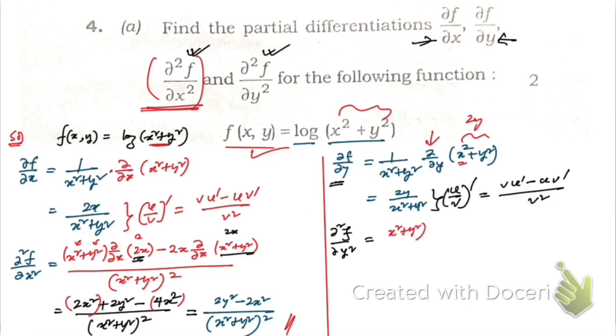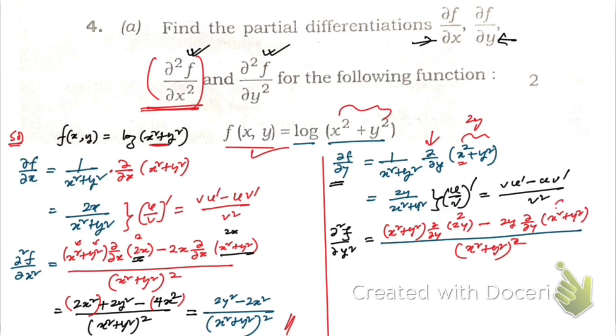If you apply this rule, then x square plus y square can be considered as v, and the derivative of twice y with respect to y, minus twice y times the derivative of x square plus y square with respect to y, divided by v square, that means x square plus y square whole square, right? Here the derivative of twice y is simply 2, and the derivative of x square plus y square is going to be twice y, because x is constant here. We are going to assume it as constant because it's a partial derivative, right?